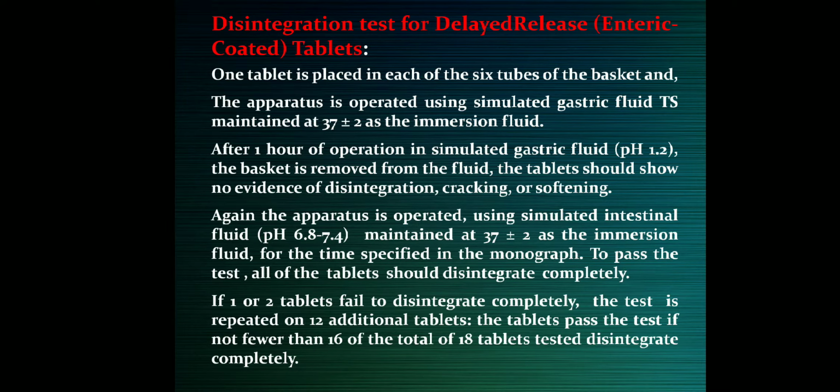The disintegration test specifically carried out for enteric-coated tablets or delayed release tablets is as follows. One tablet is placed in each of the 6 tubes of the basket and the apparatus is operated using simulated gastric fluid of pH 1.2 maintained at 37 plus minus 2 degrees centigrade as the immersion fluid.